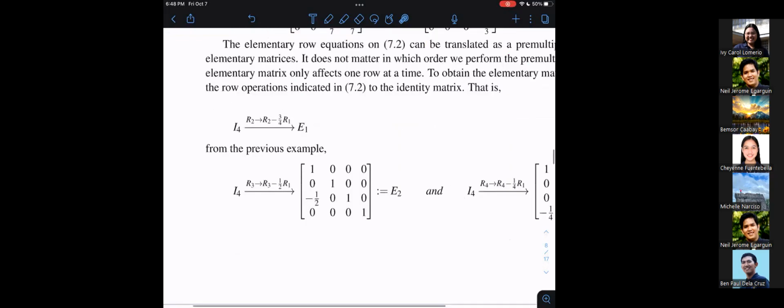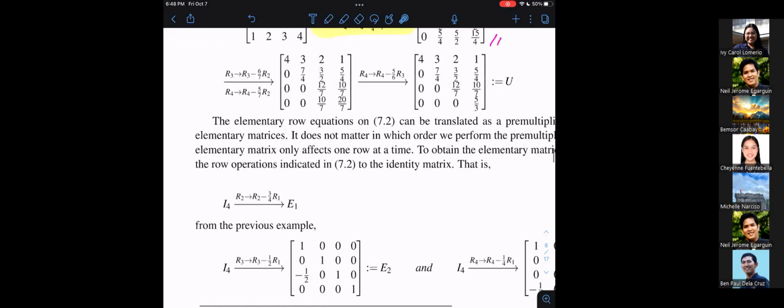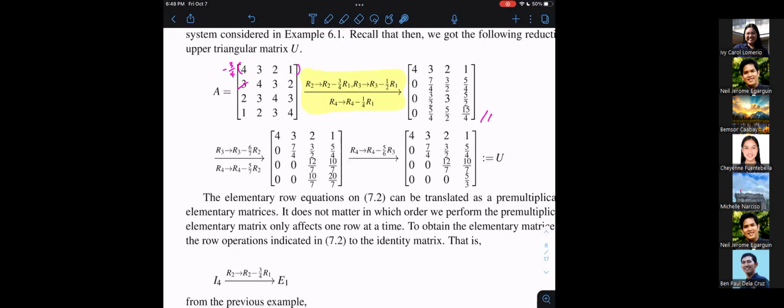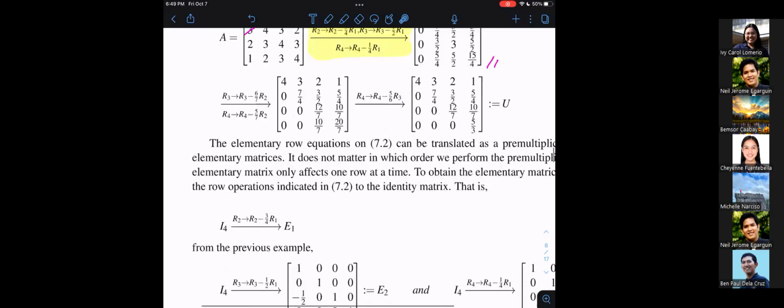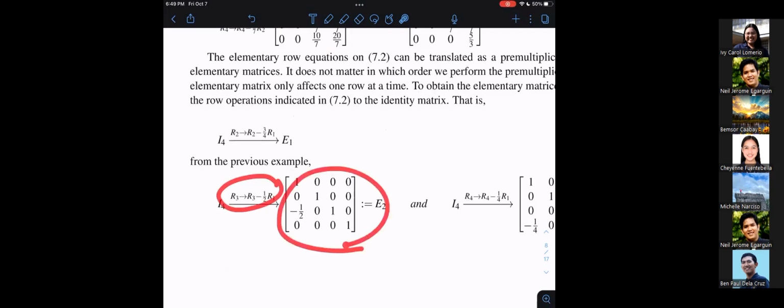So para makuha ko yung elementary matrix kanina. And I'll call that E1 because basically just to keep track pang ilang elementary row operation ko siya ginawa. Kasi magmamatter to kasi di ba left multiplication yung gusto kong mangyari. And then here, gagawin ko ulit to sa identity matrix to get my second elementary matrix. Right? So if I do that, I'll get this and this would be my E2.